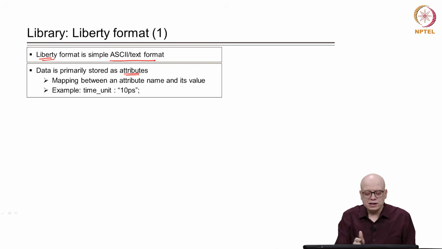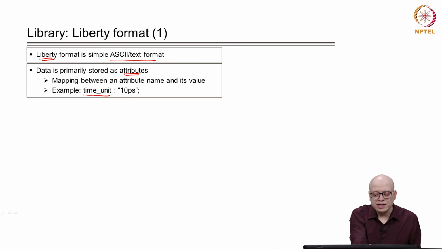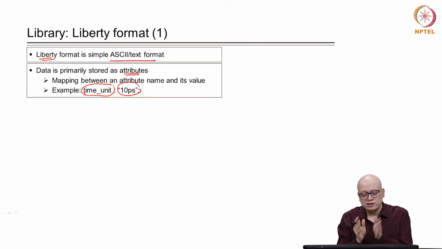For example, there will be an attribute name which is time unit and its value is say 10 picosecond. So, this is a name value pair.